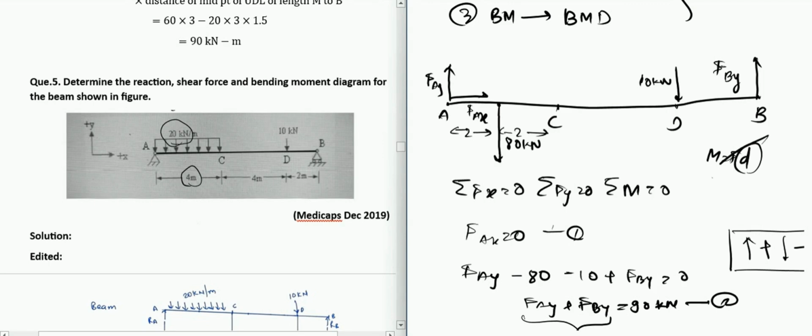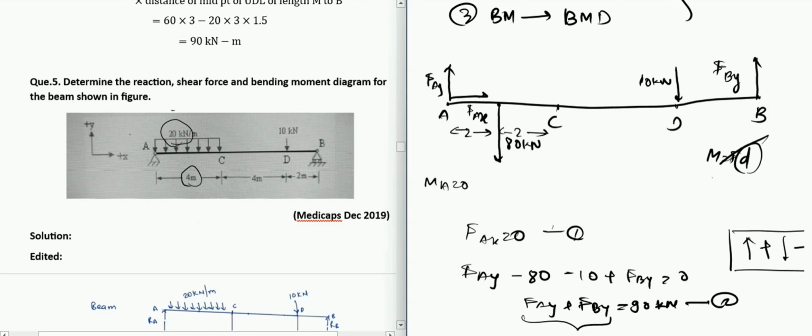Because FAY will disappear, only FBY will be there in the equation. So let us set up the moment about A equal to 0.